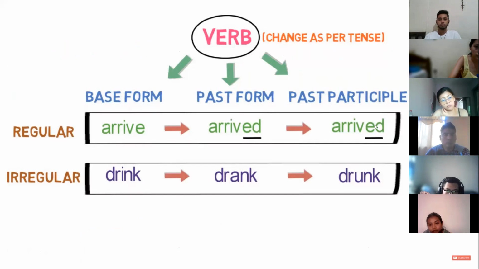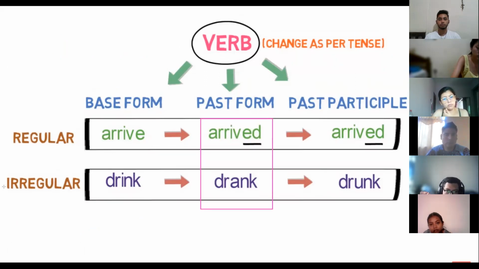Recuerden que siempre tenemos, ¿cierto? 3 formas del verbo, pero ahora nos vamos a enfocar solamente en esta, in the past form. Then we have the irregular verbs that they don't follow the rules, okay? They don't follow the pattern. For example, here we have the verb drink, drank, and drank in the past participle, right?